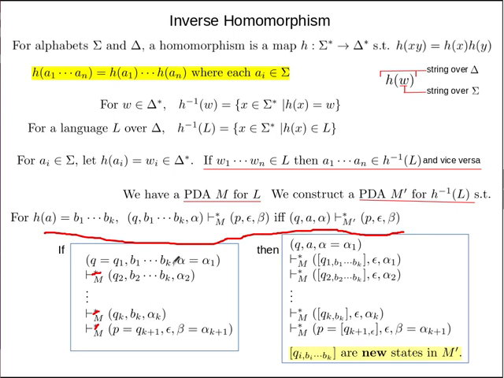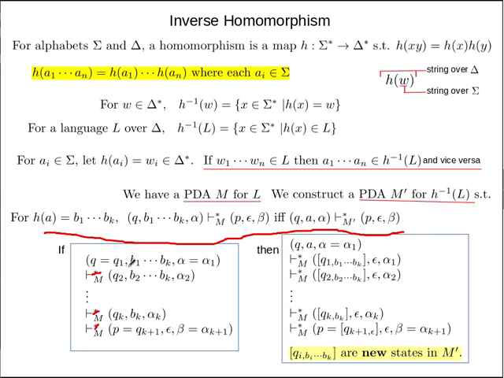Or maybe you can keep the stars here if you consider epsilon transition here also. So maybe in that sense you can keep the stars, but anyway, these are consuming just one symbol. That is what I'm saying.